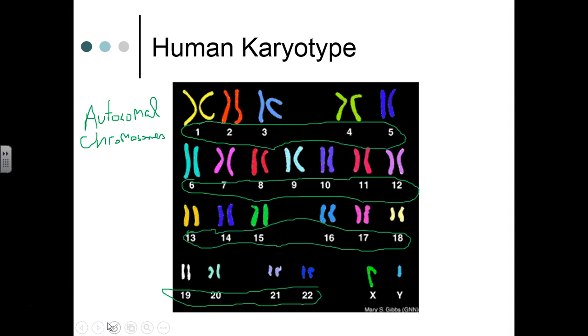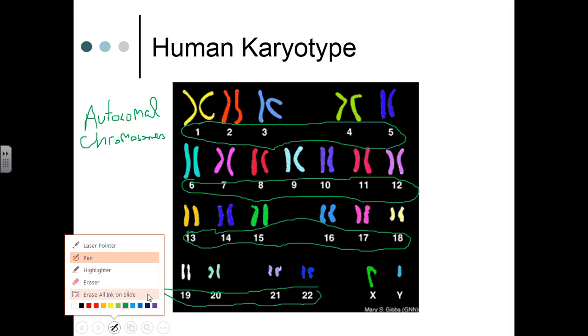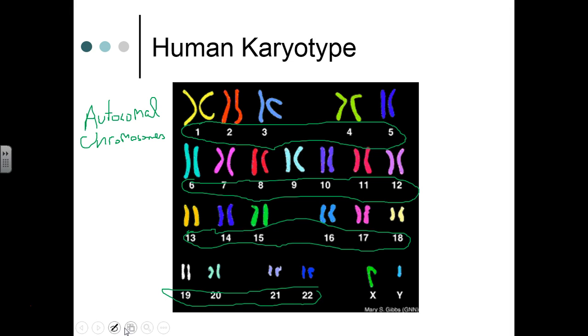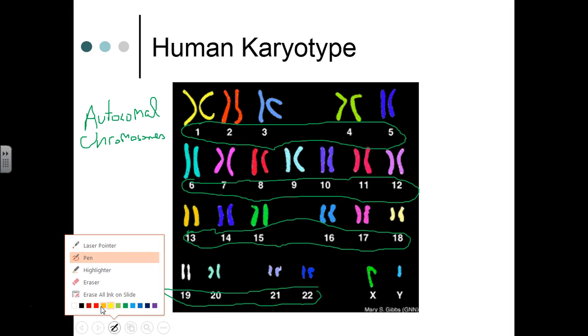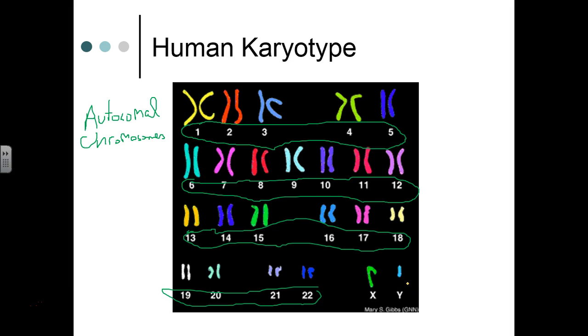Okay? But the last pair here, I'll do this in orange. This pair right here, this is one pair. These are sex chromosomes. I'm just using my trackpad on this, so I'll do my best.